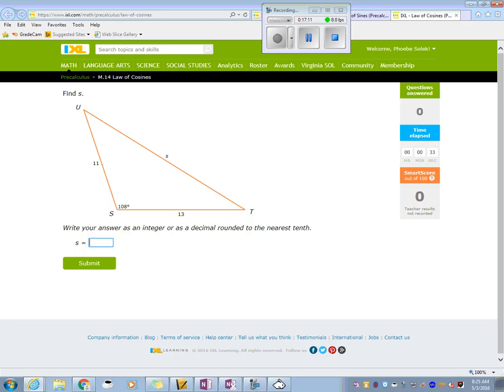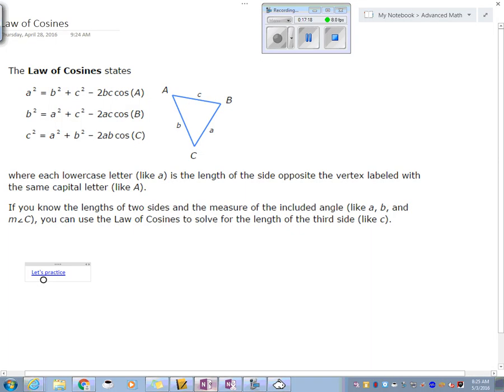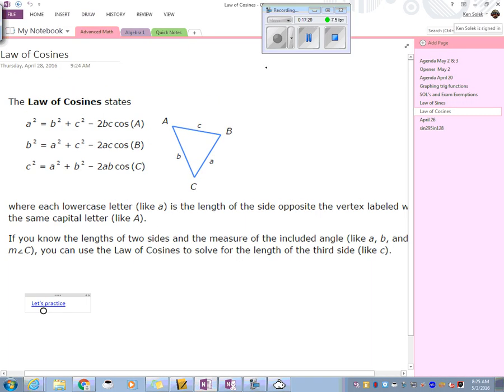So here's our worksheet. Let's see if we can get it smaller again so that we can see around it. Here we go.